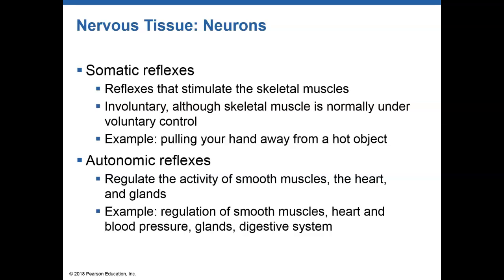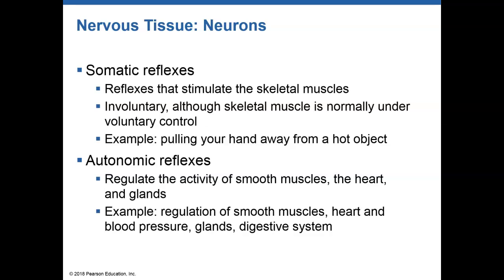An example is the withdrawal reflex. Think about when you touch something hot. If your hand touches a stove and the stove is very hot, you immediately move your hand away. That protects you from getting burnt. That would be a withdrawal reflex, and that is stimulating skeletal muscle.